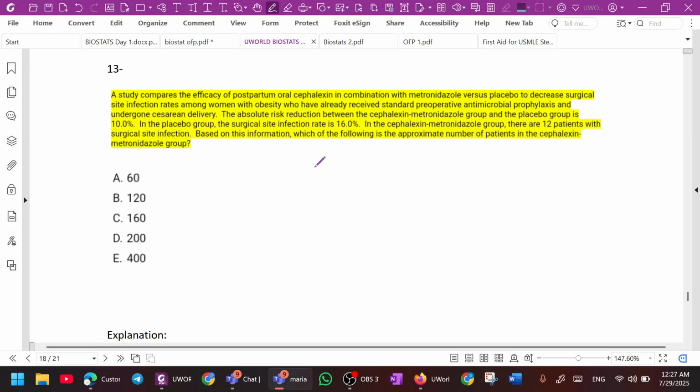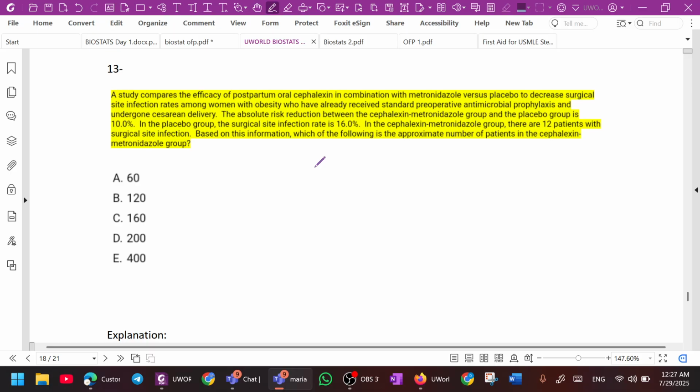Okay, this is the placebo group, and this is the absolute risk reduction, 10%. It's not metronidazole. It's the placebo minus the total equal to the cephalexin metronidazole group. So if 6% of patients, then I found out that in the cephalexin metronidazole group, 12 patients had surgical site infection.